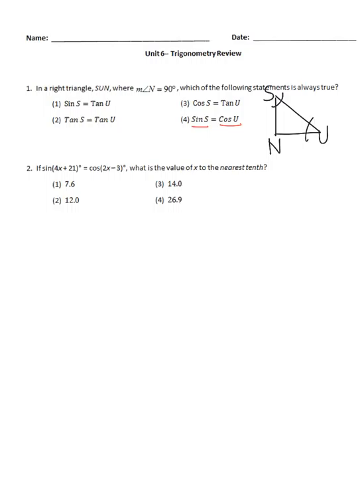For number 2, if the sine of angle (4x + 21) degrees is equal to cosine of angle (2x - 3) degrees, what is the value of x to the nearest tenth? So in order for sine to be equal to cosine, these two angles must equal 90 degrees. So I'm going to set their sum equal to 90.